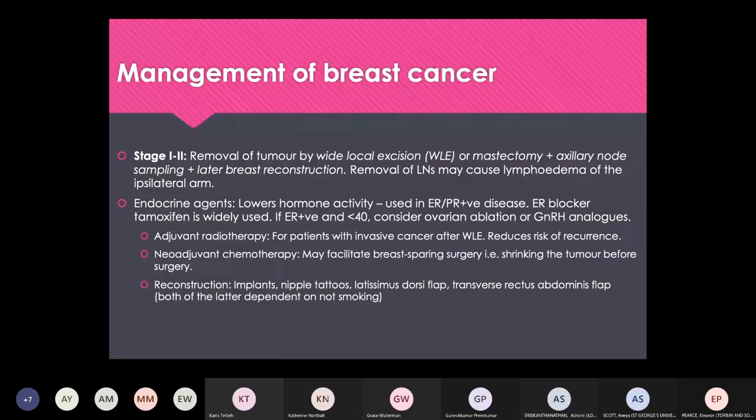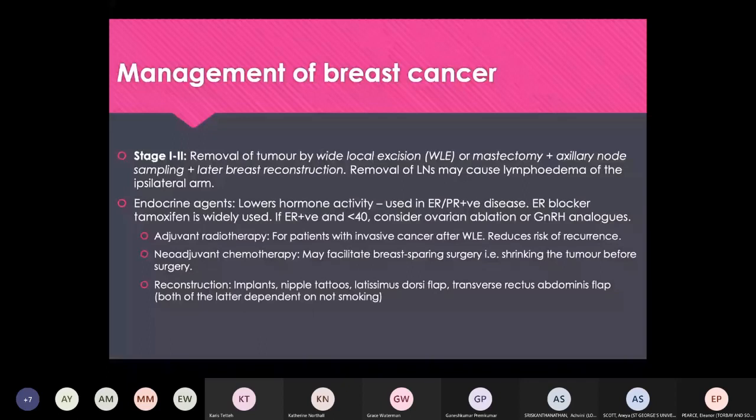If we have removed the cancer and it was very large or highly invasive, we may also opt to do some radiotherapy, which reduces the risk of recurrence, or some neoadjuvant chemo. If you've got a large tumour, you can shrink it a little before surgery with chemo, which might mean more of the breast is saved, particularly in women with smaller breasts.